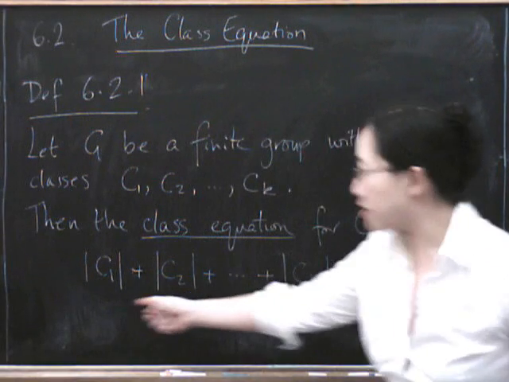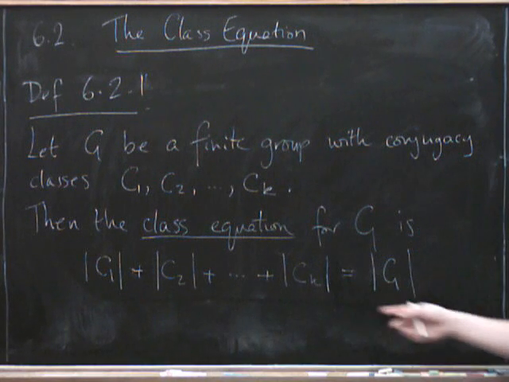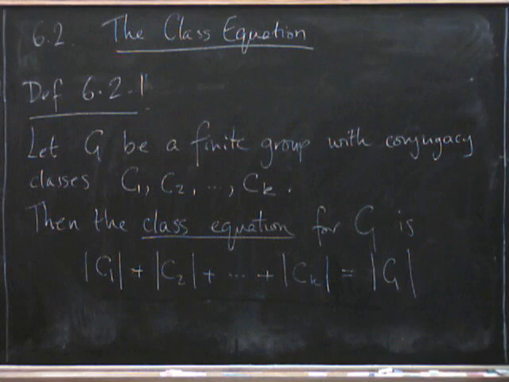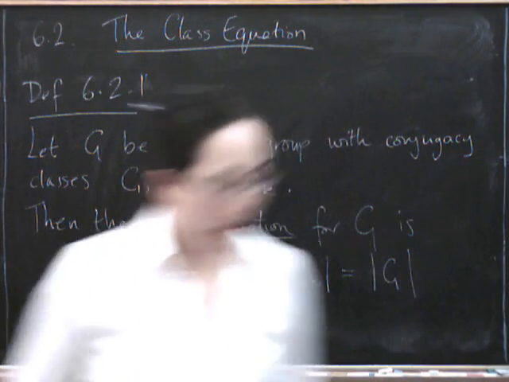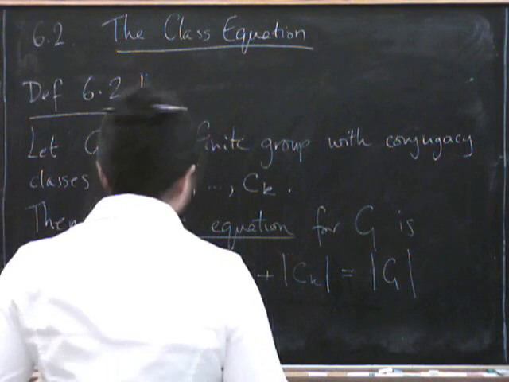Each of these things is a number, and then you say, oh, well, it adds up to the total number of elements in G, and that's what the class equation is. So let's do another example.